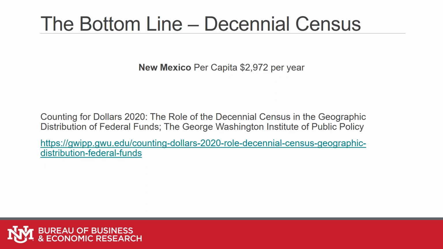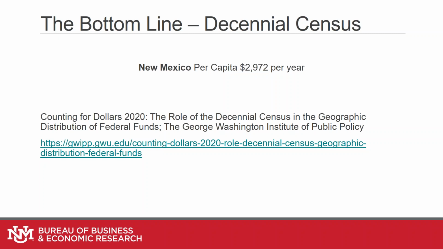In New Mexico, we receive about $3,000 a year per person from these federal programs. If we were to have a 1% undercount, which would represent about 20,000 people statewide, that would be 20,000 times 3,000 times 10 years for the amount of funding that we could lose. It's a very large number.